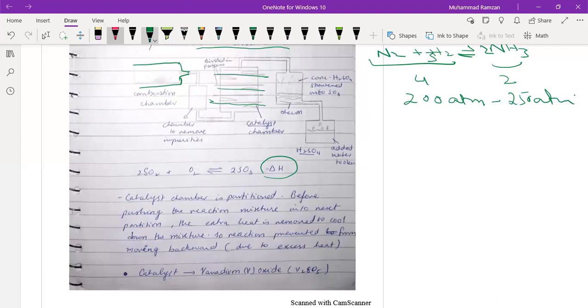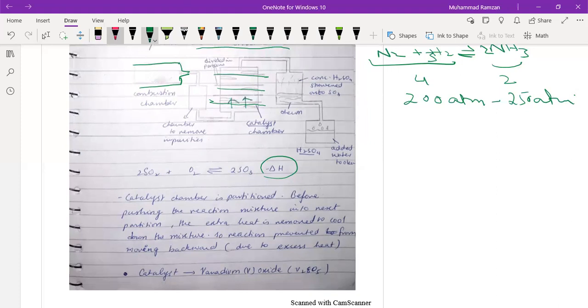It will drift the reaction backward. It means the extra heat produced due to the reaction, we drain out by particular ways. You cool down the mixture, and push into the next one.